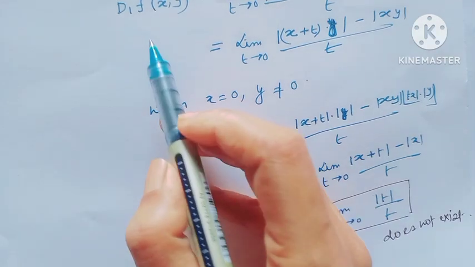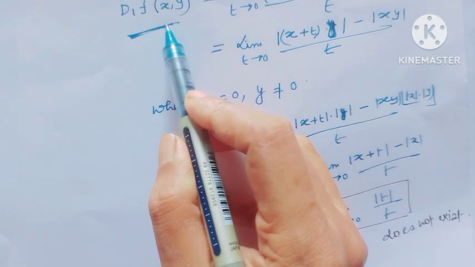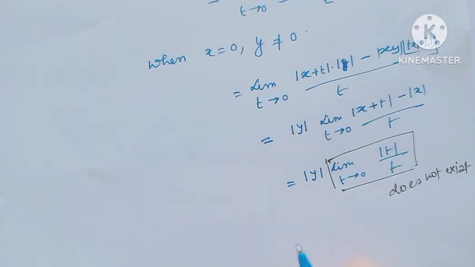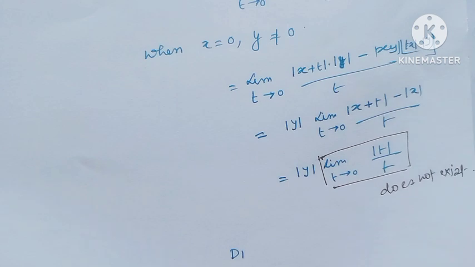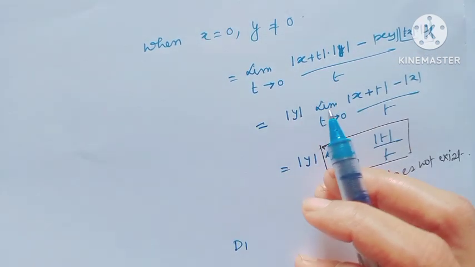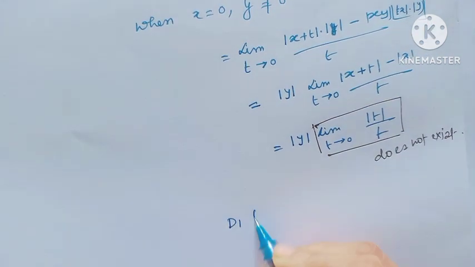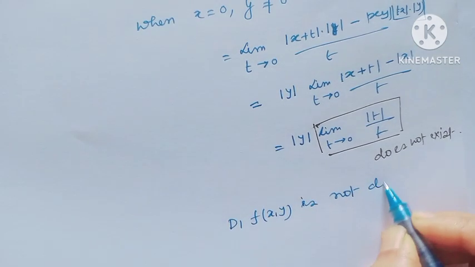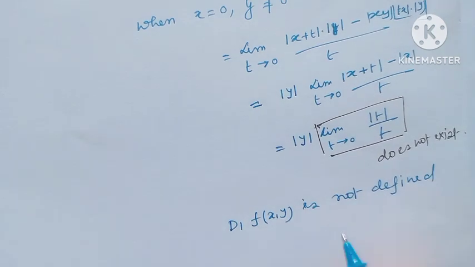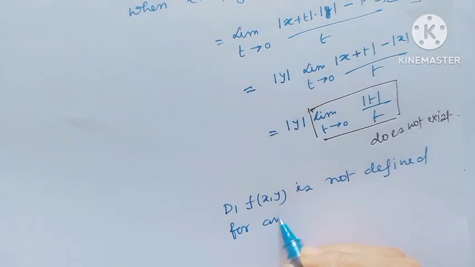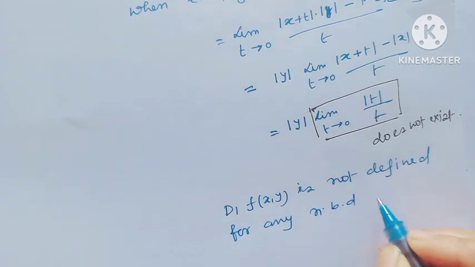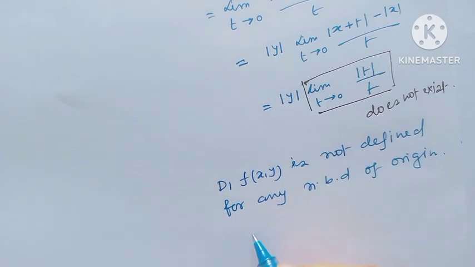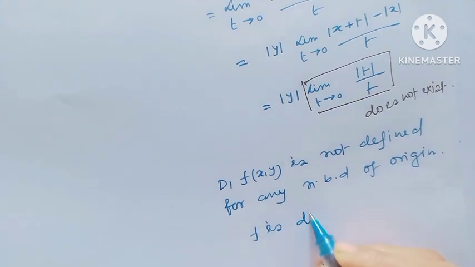So D1 f of (x, y) is not defined in any neighborhood of the origin, because x equal to 0, y not equal to 0 is in the neighborhood of (0, 0). So D1 f of (x, y) is not defined for any neighborhood of the origin, but f is differentiable.